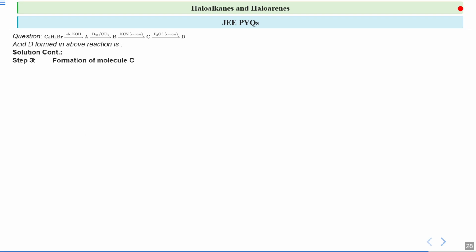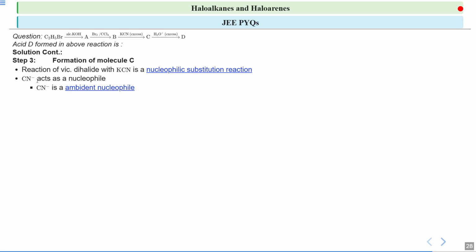Step 3 is the formation of molecule C, where the vicinal dihalide B reacts with excess potassium cyanide, following a nucleophilic substitution reaction. Potassium cyanide is an ionic compound, so it dissociates into K+ and CN-. CN- acts as a nucleophile, and it is an ambidentate nucleophile, as we have talked about.